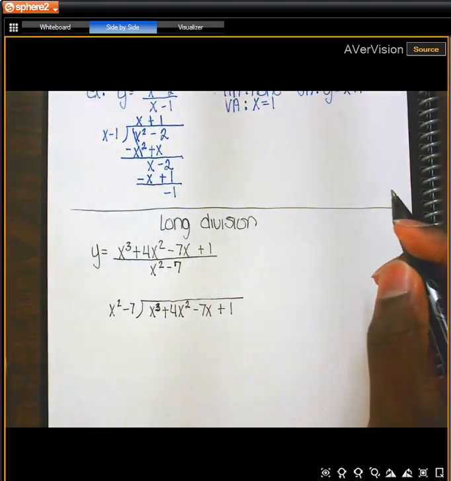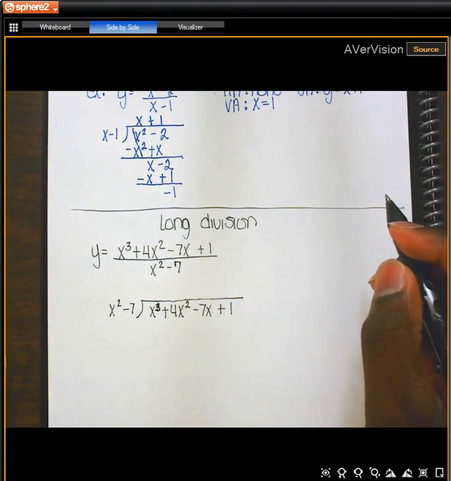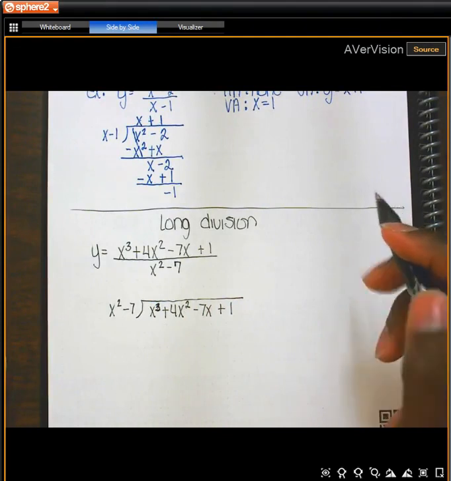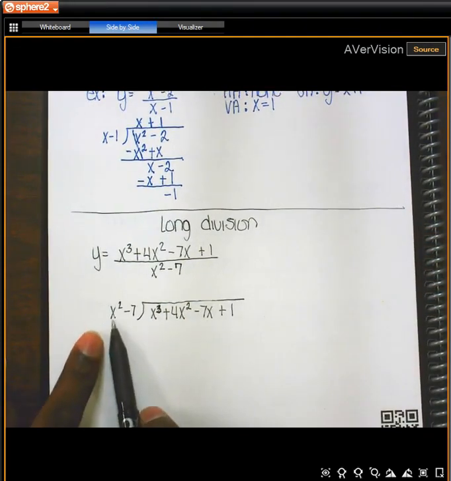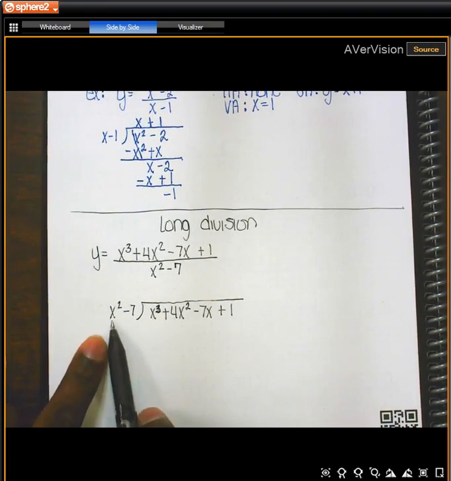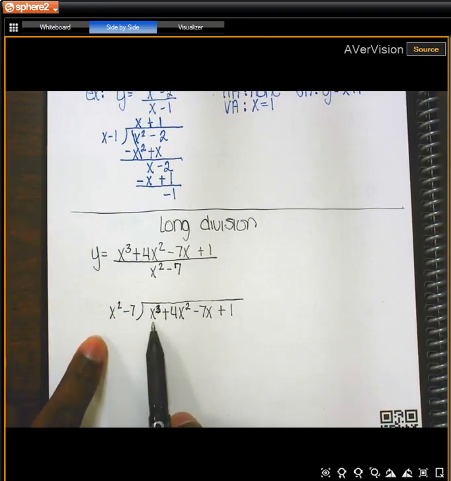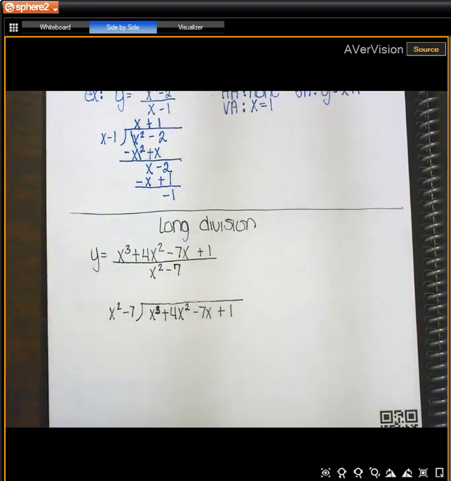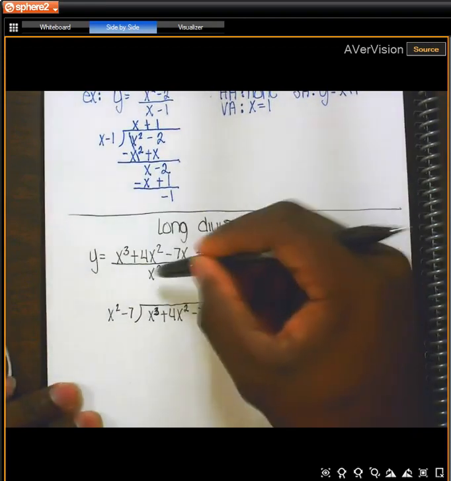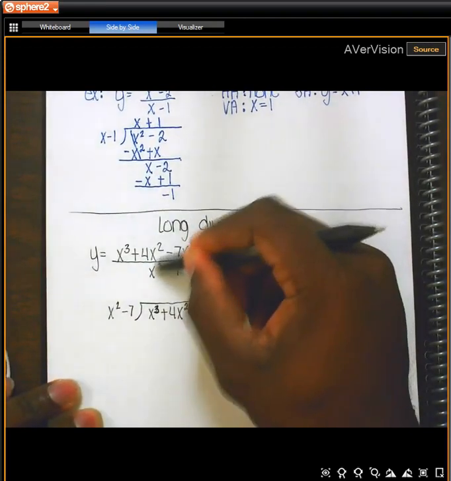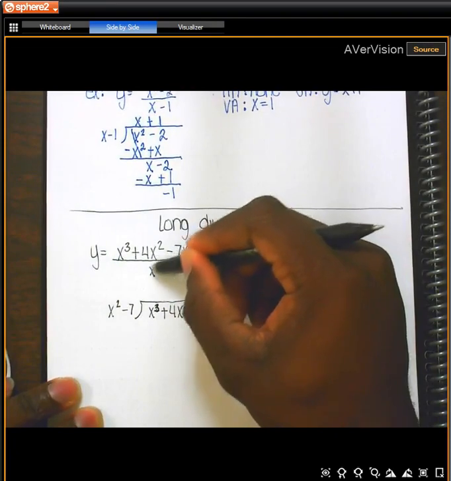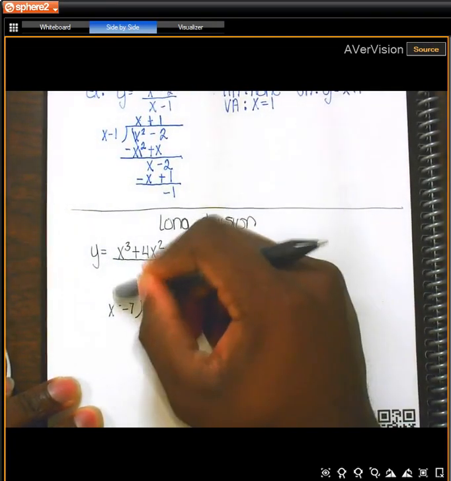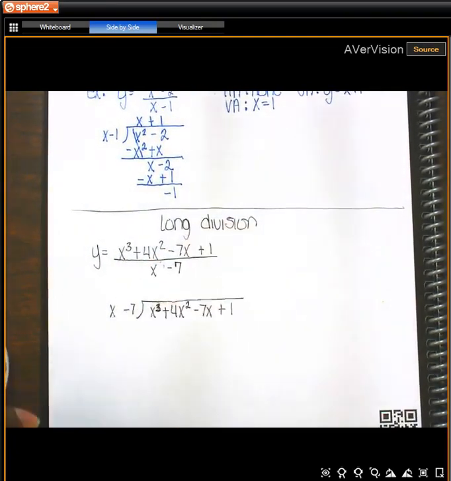So for long division, we're trying to figure out what to multiply to this x value in order to get this one. All right. So what do we have to multiply? Let's make it just x so it goes longer. What do we have to multiply to x to get x cubed?